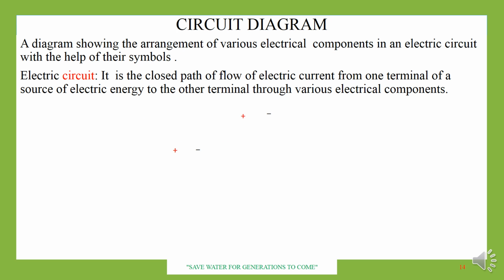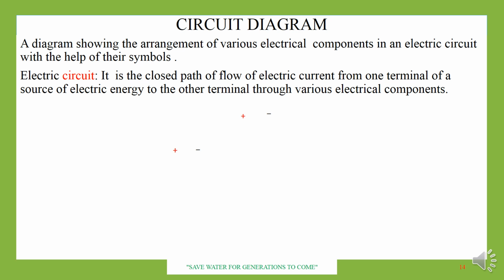Now what is a circuit diagram? The word circuit is from circle. A circle is always complete, not broken from anywhere. In a circuit diagram, we use an ammeter, voltmeter, but it's very difficult to draw the actual ammeter, voltmeter, resistance or rheostat.